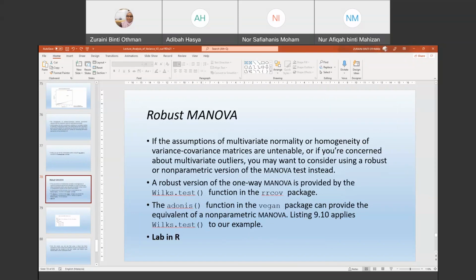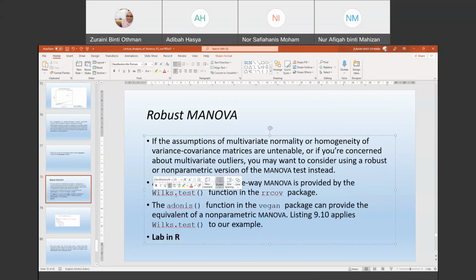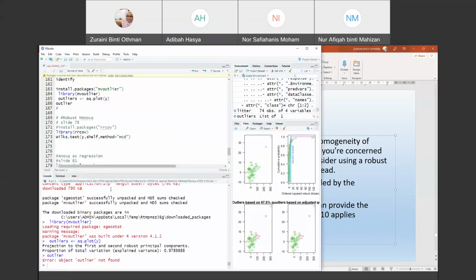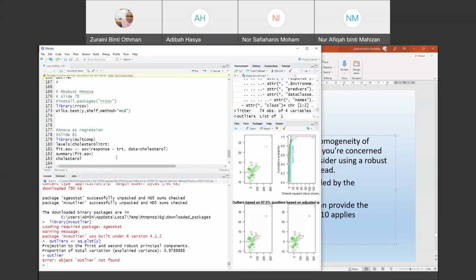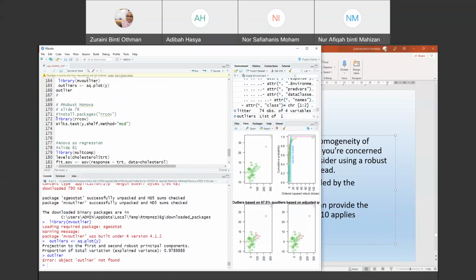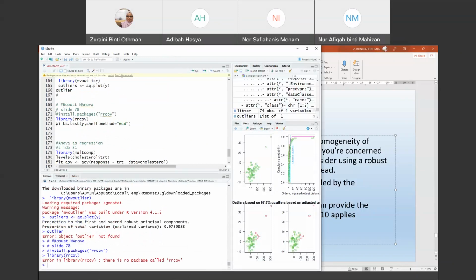Okay, robust version of Anova, we dot test ni dia punya function, and the package is from the RR ni, and the function for the equivalent of non-parametric Anova is Adonis. Okay, and this is, let us try in lab. Okay. Ni RR ni. Okay, so we have to install the package for the RR.